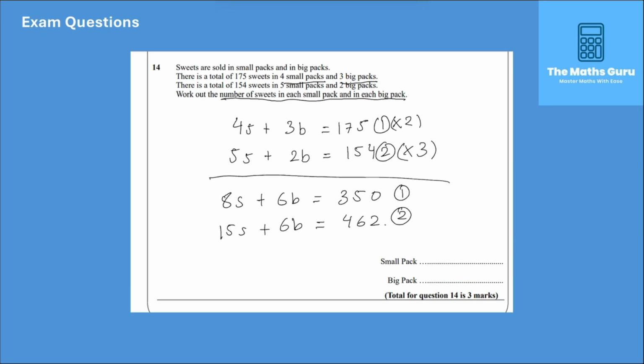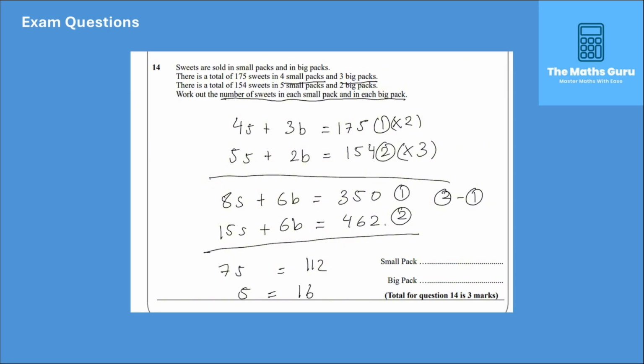And I'm going to choose to do equation 2 minus equation 1, just to keep the sign positive. So 7s is equal to, b's cancel out, 462 minus 350 gives us 112.